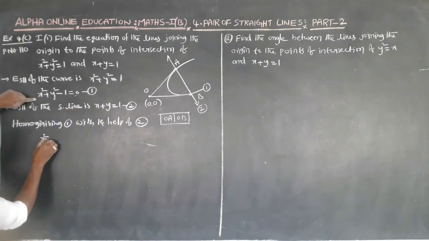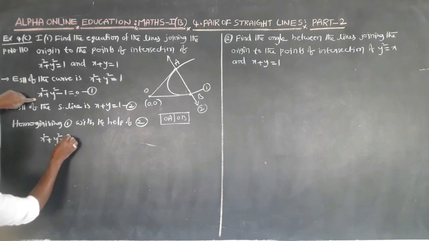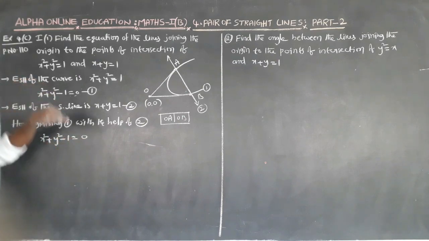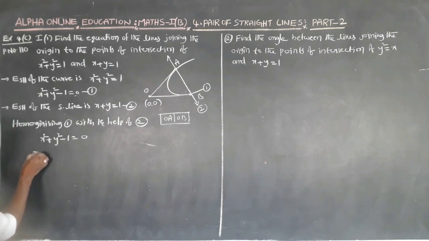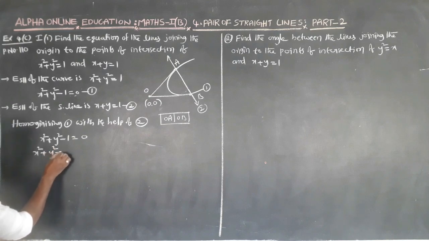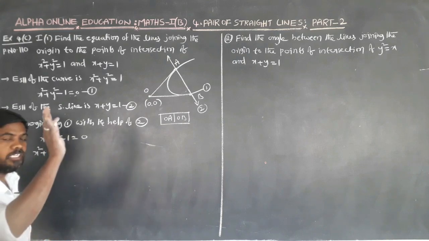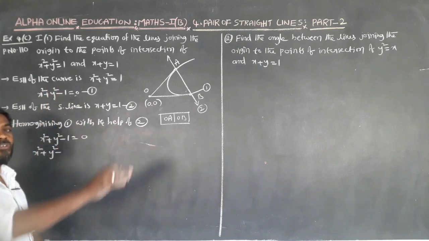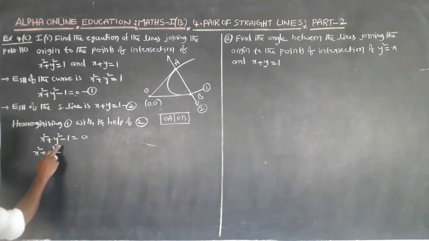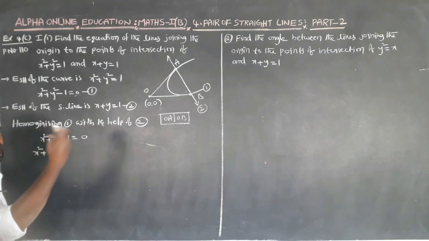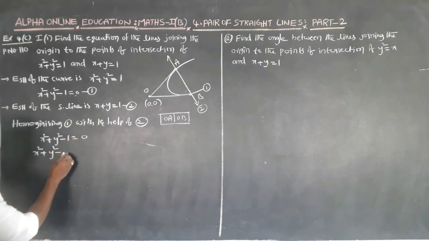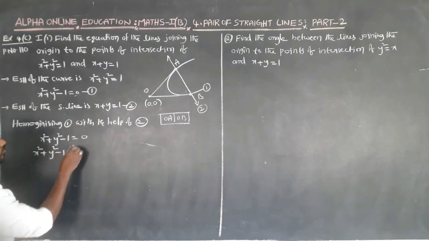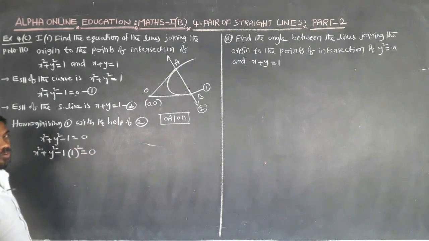1 is x square plus y square minus 1 is equal to 0. Always write the x square term as it is, the y square term as it is, x term into 1, y term into 1, constant into 1 square. Here there are no x and y terms, so only one constant, so constant into 1 square.